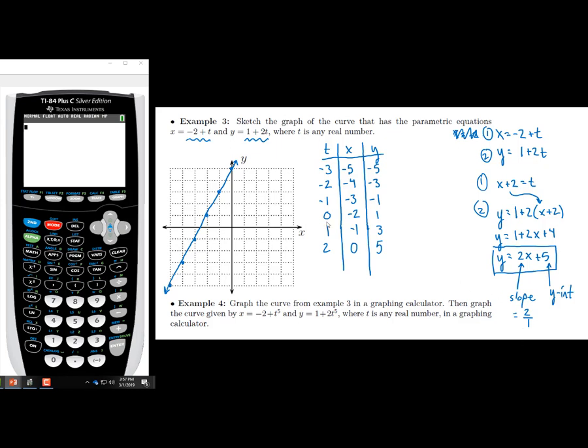But also, I want you to look at what's happening in the equation. In the equation, I have a 2 as the coefficient in front of the t for the y, and a 1 in front of the t for the x. Changing t is the thing that changes y and changes x.